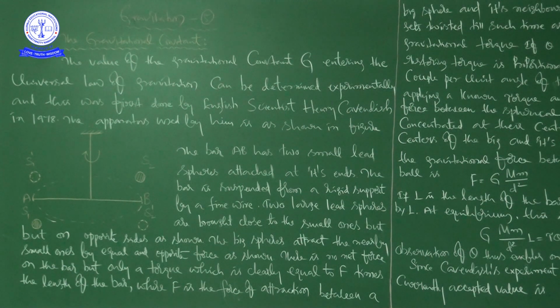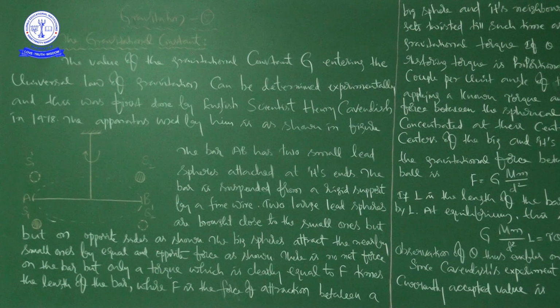The mathematical expression is F proportional to m1 m2 by r square, and by removing the proportionality, F is equal to G into m1 m2 by r square. Here capital G is the universal gravitational constant. In today's class, we are going to discuss the universal gravitational constant.